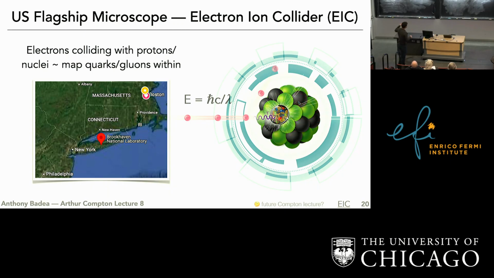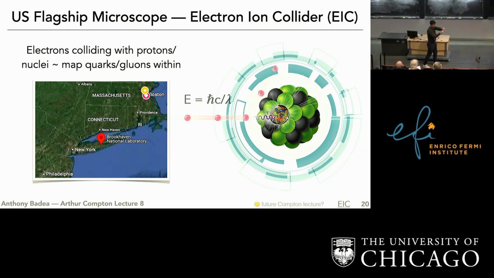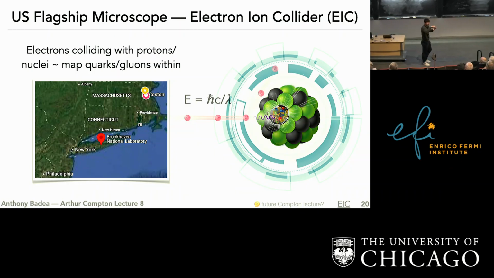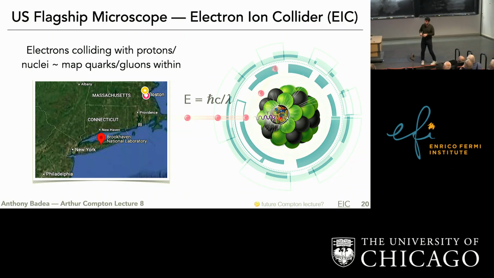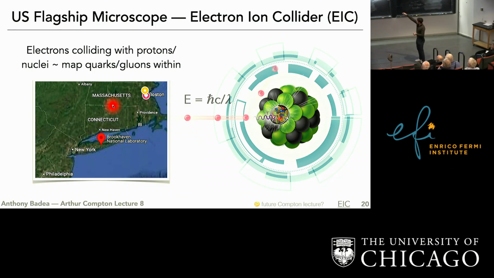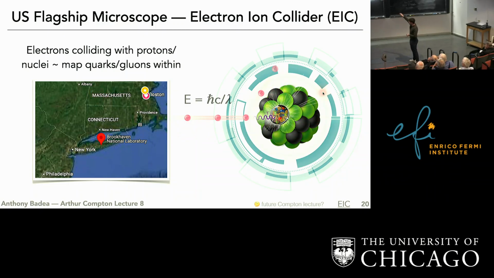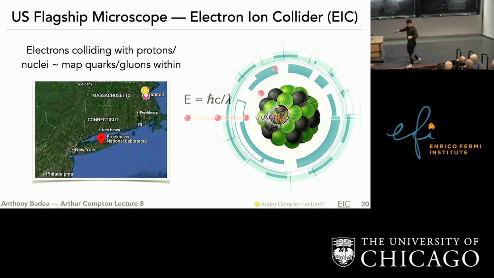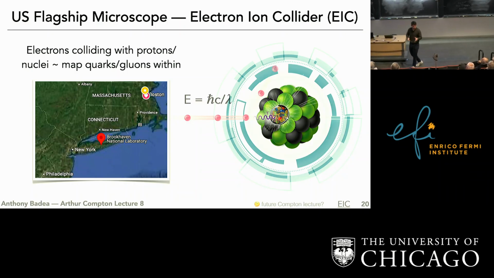And then the electrons, which are point-like particles, are going to penetrate inside of the nuclei and effectively take a picture of what's happening inside. And so they're going to create a map of the quarks and gluons within the nuclei and protons and see how their configurations give rise to the properties around us.